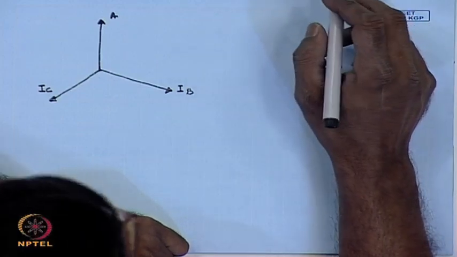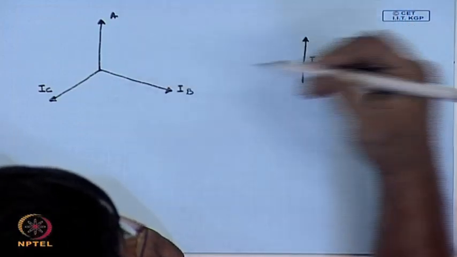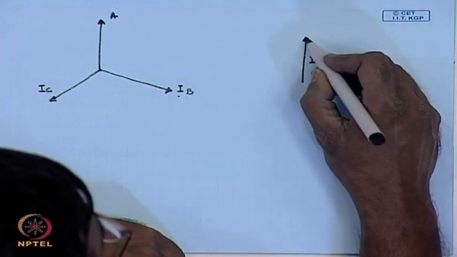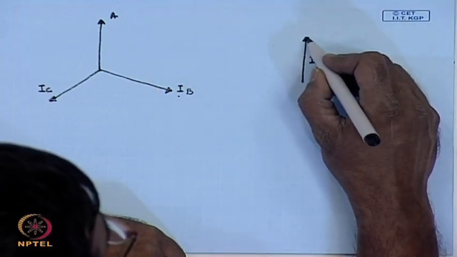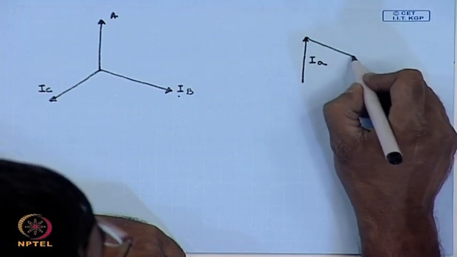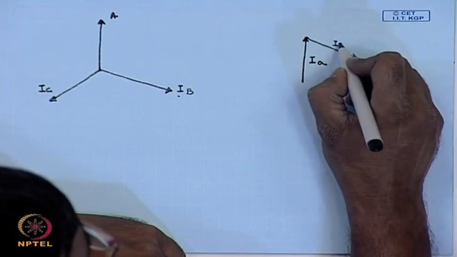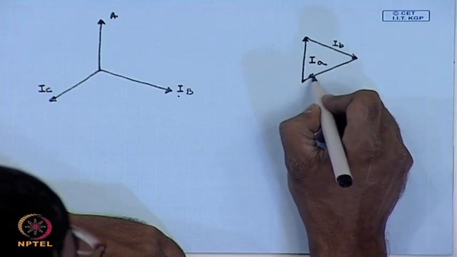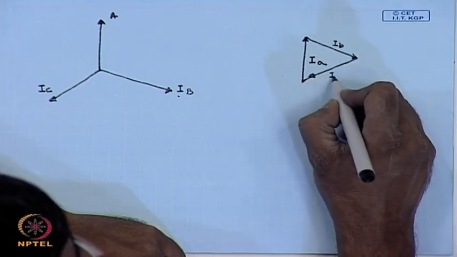Similarly, the phase current I B will be in phase with the high voltage current I B. So, this will be the phase current I B and this will be the phase current I C.